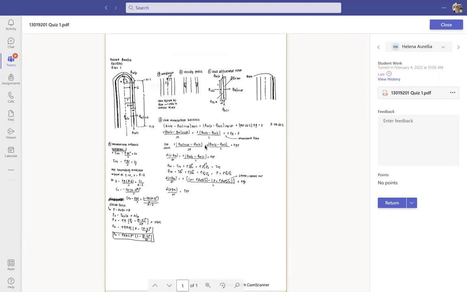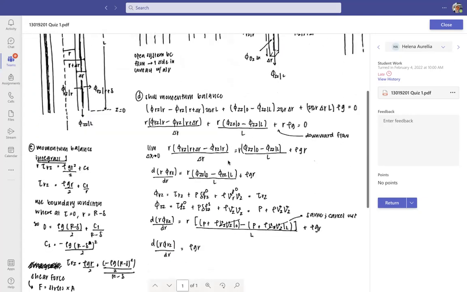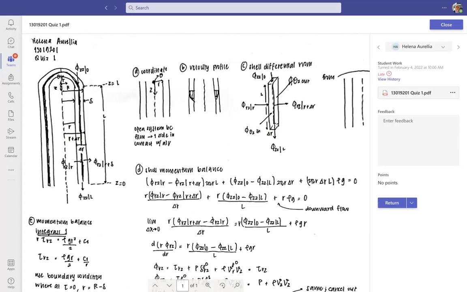Okay, so Elena, let's make it bigger. Okay, this looks right. The number A, the coordinate looks right. The velocity profile, yes, you can write it here if you want, but if you make it separately, okay.